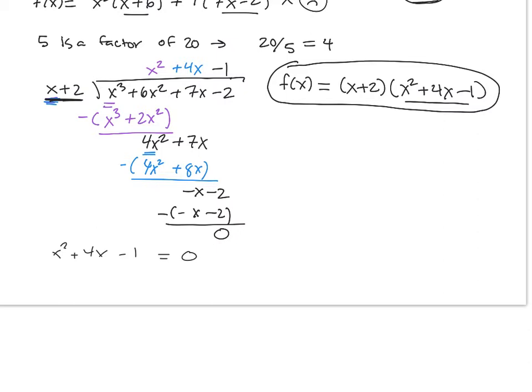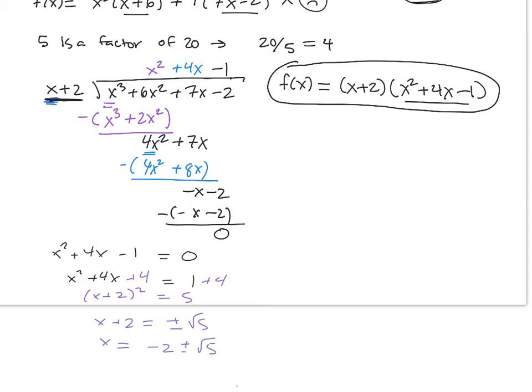These things keep coming up over and over again. X squared plus 4x would equal 1. What number do you add to both sides? 4. X plus 2 squared equals 5, right? So x plus 2 equals plus or minus root 5, and so x equals -2 plus or minus root 5.